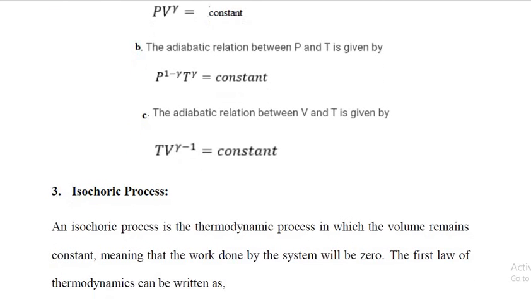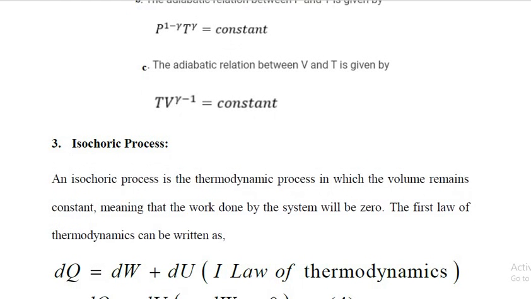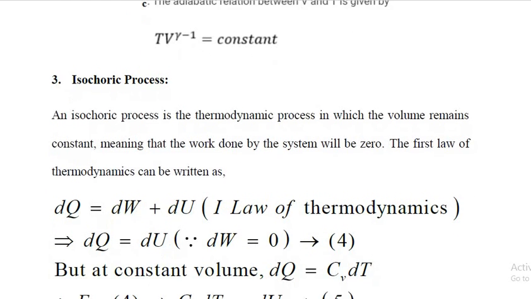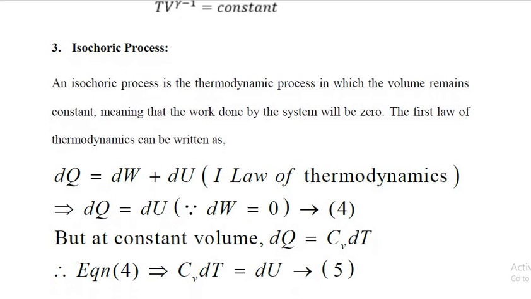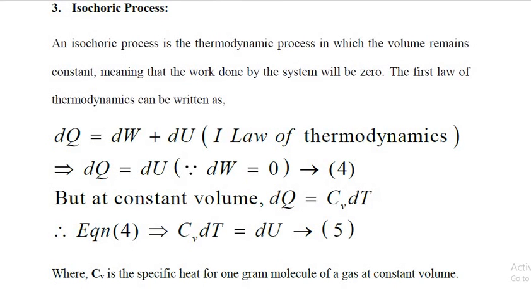Now the third one is the isochoric process, that is, application of the first law of thermodynamics in an isochoric process. An isochoric process is a thermodynamic process in which volume remains constant. That is, work done by the system will be zero.